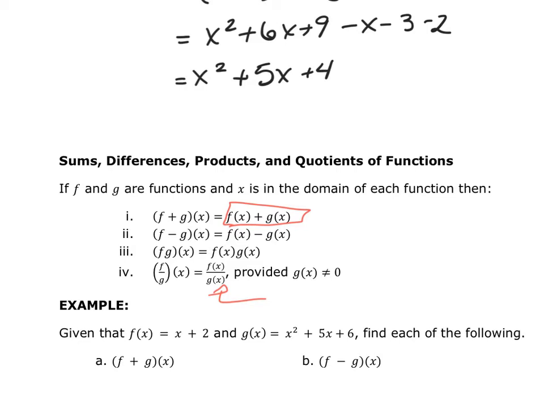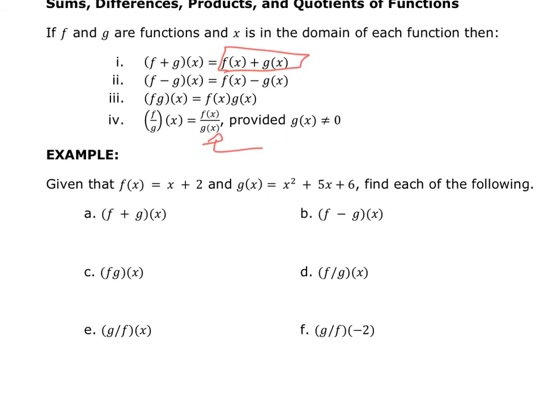So if I'm asked to add, subtract, multiply, or divide the functions, I just have to make sure as I'm doing this that I keep the order of operations straight.